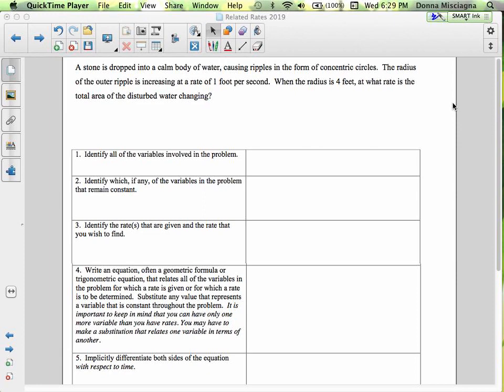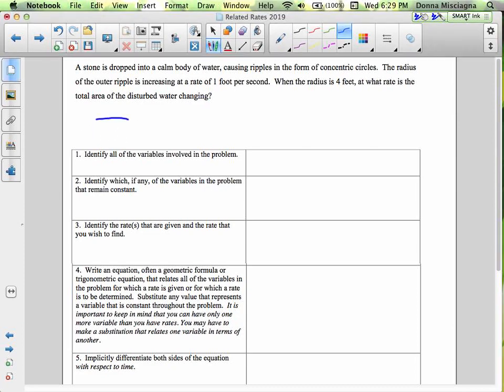Right? So we have this circular body of water, and what matters is that the ripples are circles. And so the radius of the outer ripple is increasing at a rate of 1 foot per second.